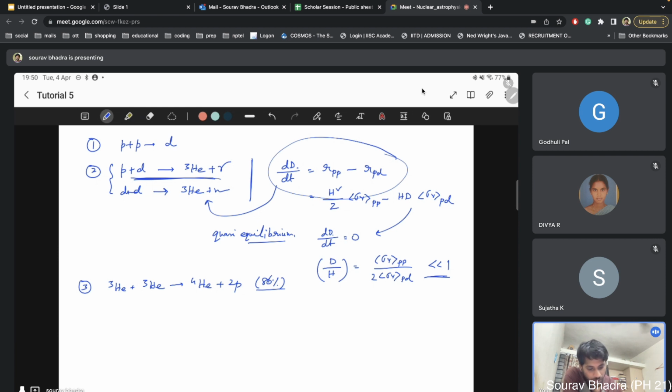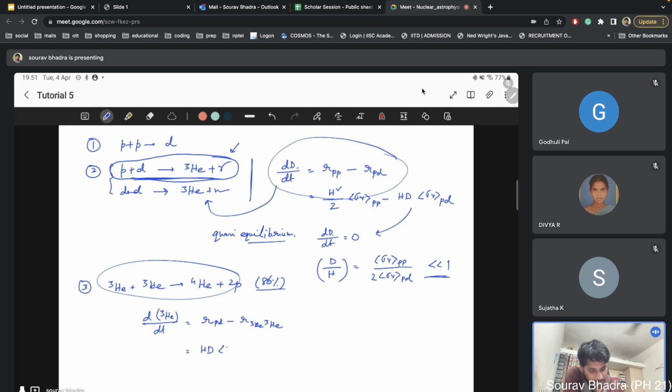Now, here also you write the production rate of 3He, so d of 3He by dt. The production reaction is proton plus deuterium. So, for stage 3 the production reaction is Pd, minus the destruction reaction, 3He 3He.